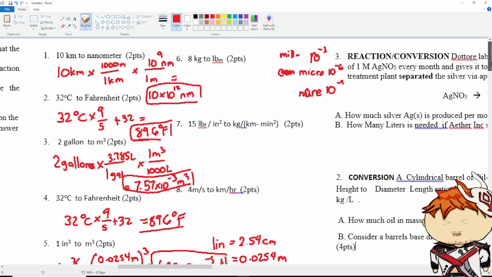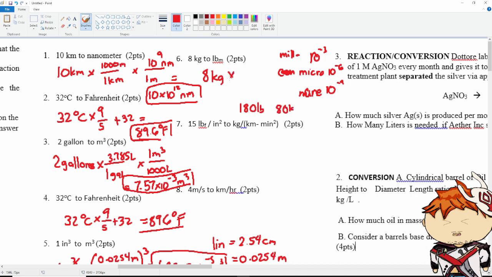Alright, that's conversion number 6: 8 kilogram to pound mass. Whenever I check my weight, there's always like 180 pounds. That's not my real weight though. But I know 180 pounds is like 80 something kilo.